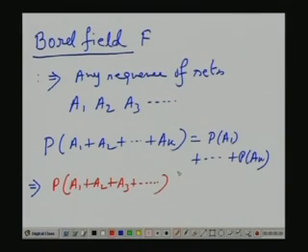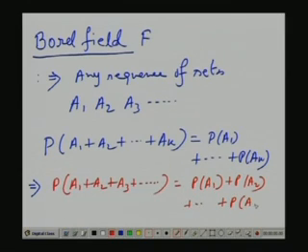Actually, for that to happen, A1, A2, A3 and the other members must come from a Borel field. Then we should be able to write it as an infinite sum.